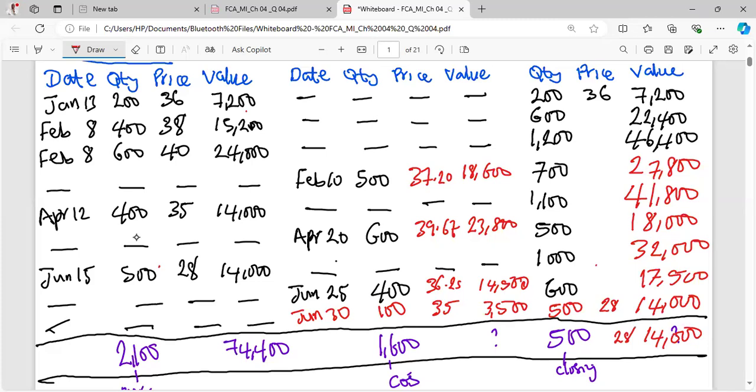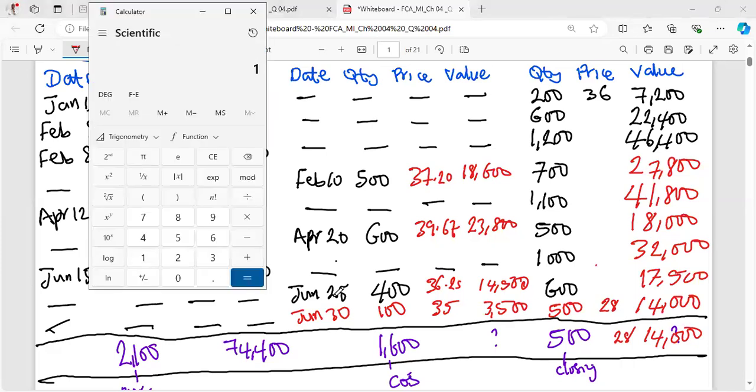What about this cost of sales here? We have our calculator. 18,600 plus 23,800 plus 14,500 plus 3,500.